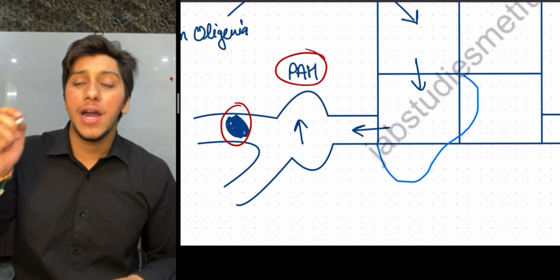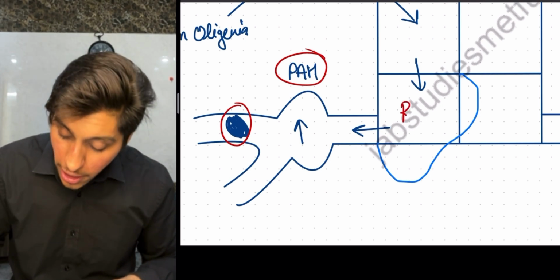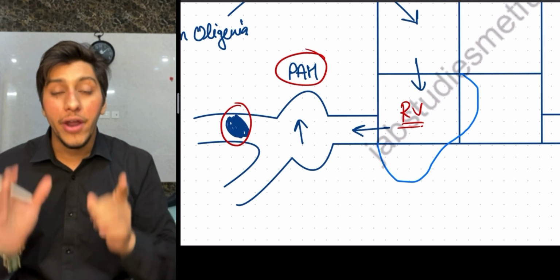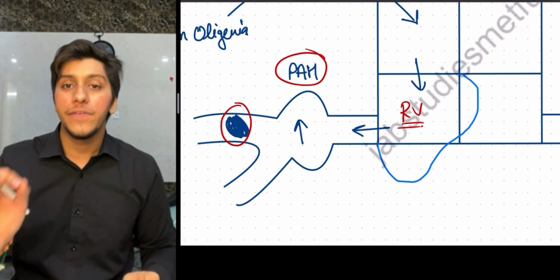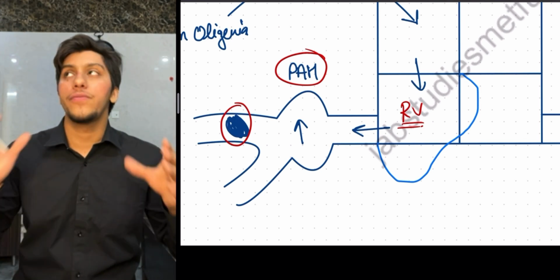If your pulmonary artery pressure increases, this pressure gets radiated into the right ventricle. Now this right ventricle, guys, cannot hold that pressure, due to which there will be right ventricular dilatation but without hypertrophy. Why is there no hypertrophy, guys? Because it is an acute condition. Hypertrophy comes after a long time.